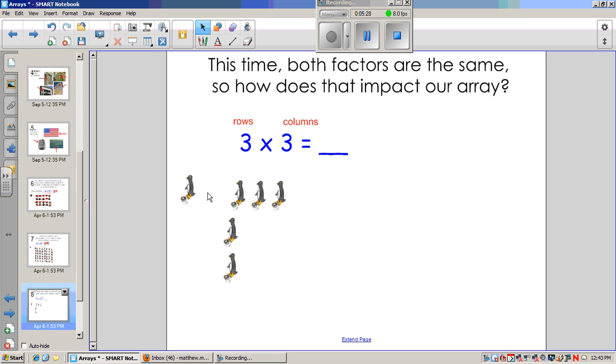So there's 1, 2, 3, 1, 2, 3. The only difference when the factor is the same is it doesn't matter which one you build first. And the type of rectangle you get now is called a square. So again, if we count out 3 rows, 3 in each row this time, or 3 times 3, we end up getting 9. So we have 9 penguins that are sitting there.